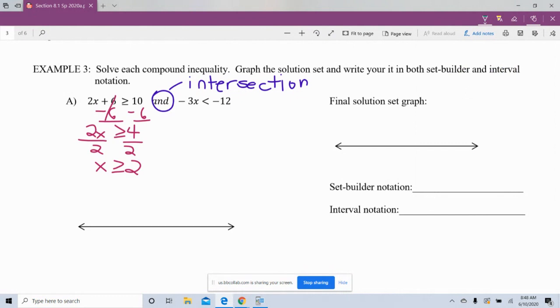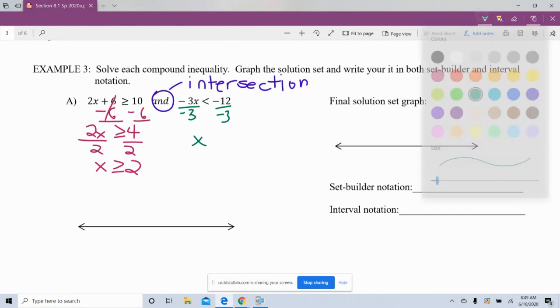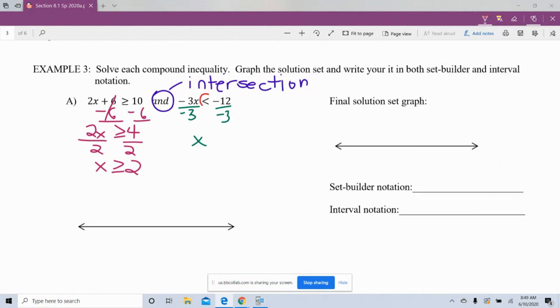In order to solve for x, I'm just going to have to divide away this coefficient of -3. So this time I'm going to be dividing both sides by a -3, which is a negative number. And I'm hoping that you guys recognize that that is going to require me to change the direction of my inequality symbol, right? Because here I divided by a negative number.